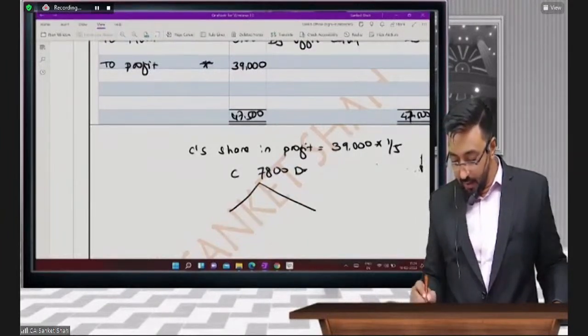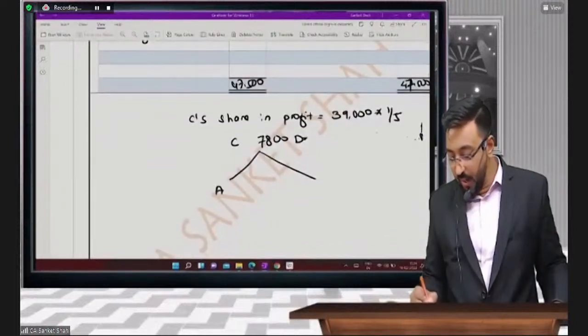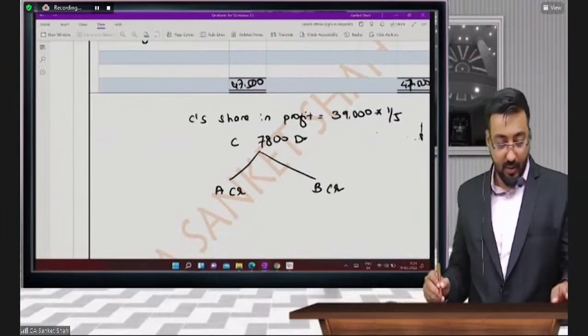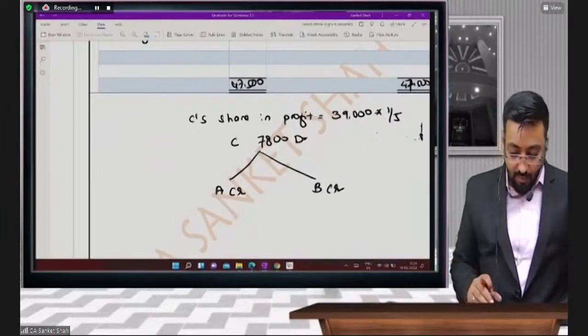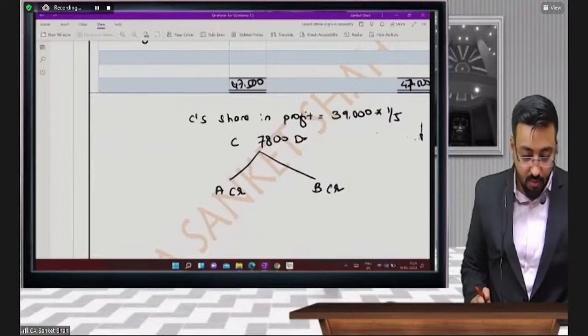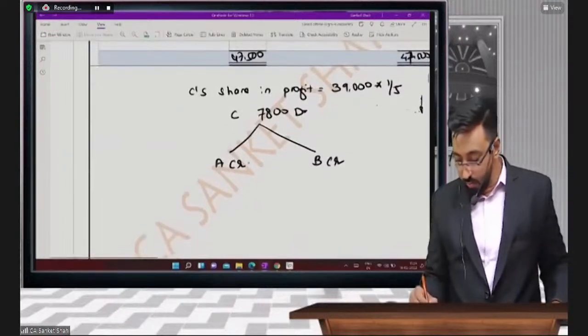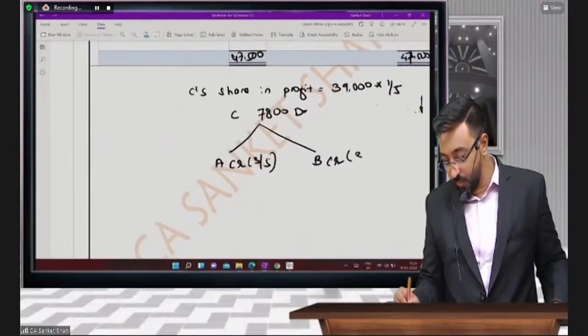C debit, and same like goodwill adjustment, A and B are credit. 7,800 will be divided in which ratio? 3:2. That is a sacrificing ratio.